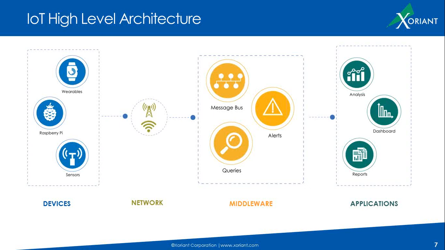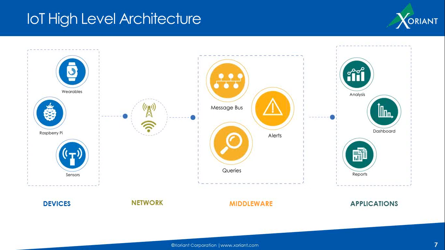On the leftmost side, you have your devices. These could be any of the sensors, microcontrollers, handheld computers or even wearables that are collecting sensor data, maybe aggregating it at the device level, and then they need a mechanism via the network to transfer this data onto the middleware.